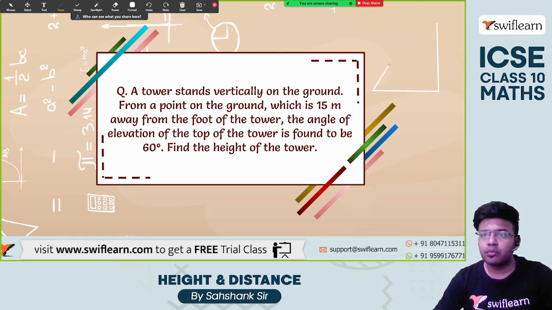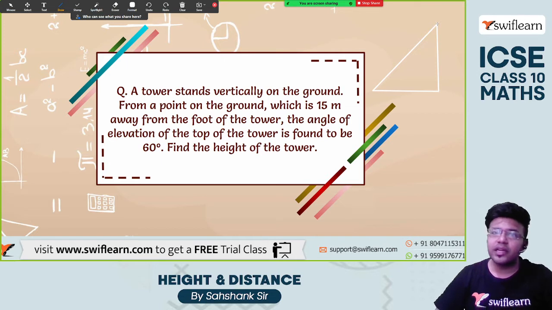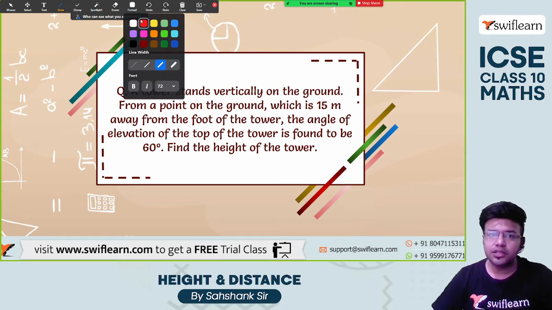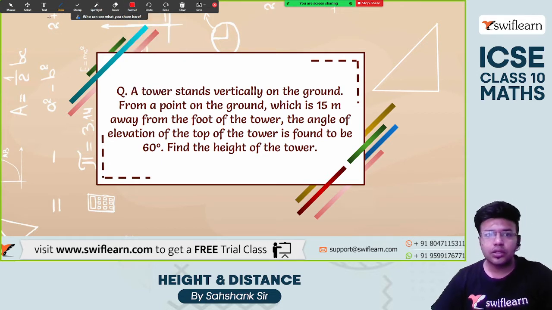The angle of elevation at the top of the tower is 60 degrees. This is the height of the tower, H. The distance between the foot of the tower and where we are standing is 15 meters. Find the height of the tower.